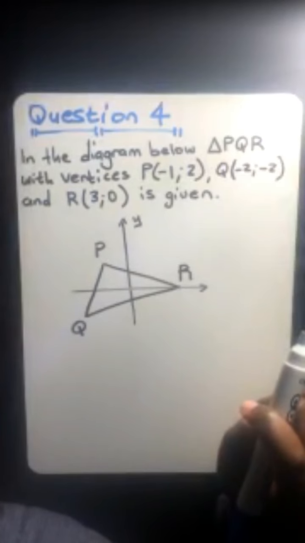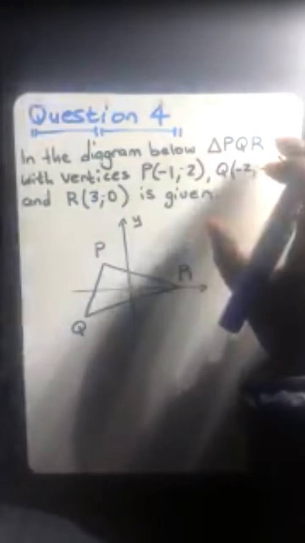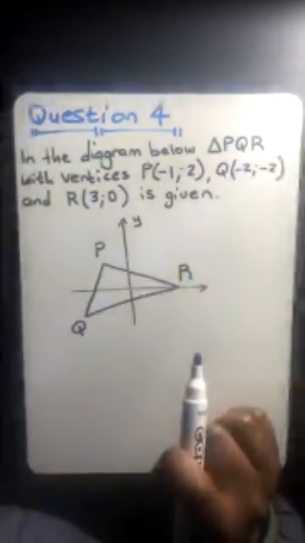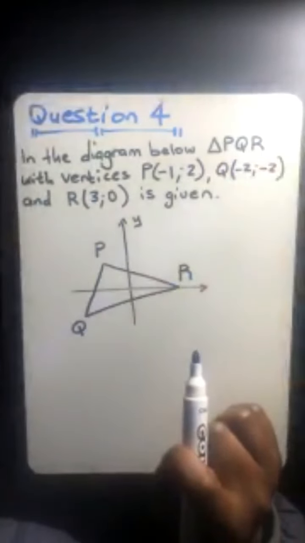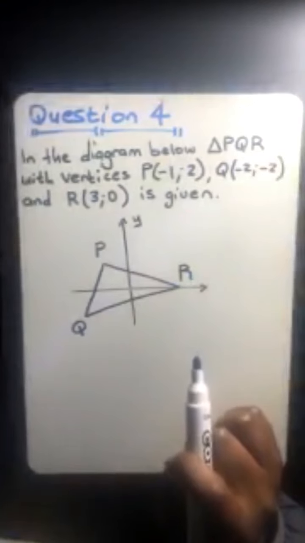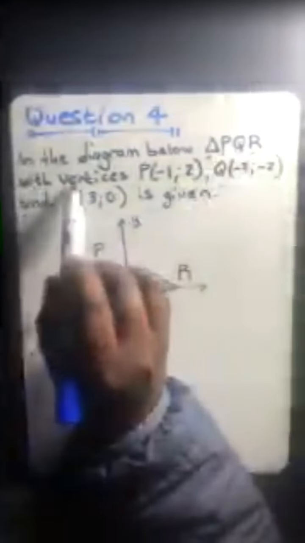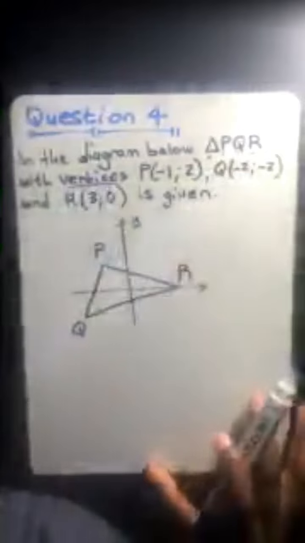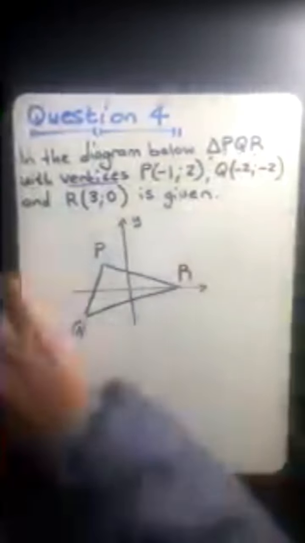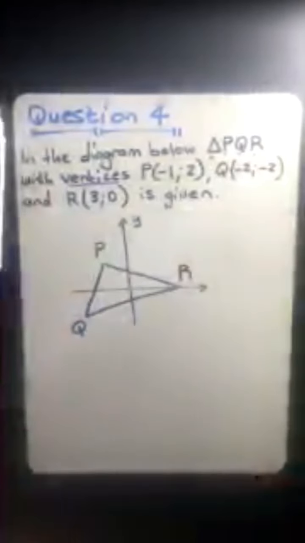Lerato, this is all that we are given, and we just need to be aware that here they are talking about a triangle. Very, very much important, ladies and gentlemen. So in this triangle having the letters P, Q, and R with the vertices, remember, I've said the word vertices, it simply refers to the corners.